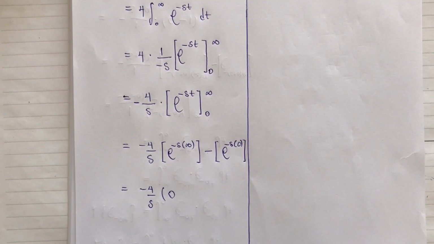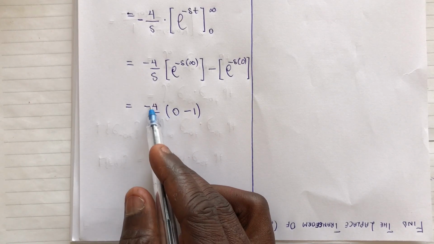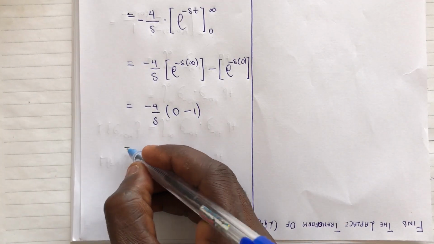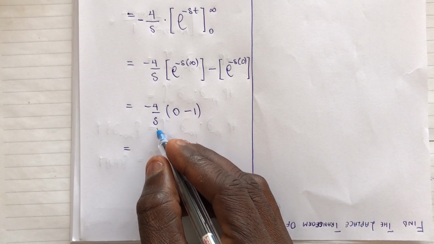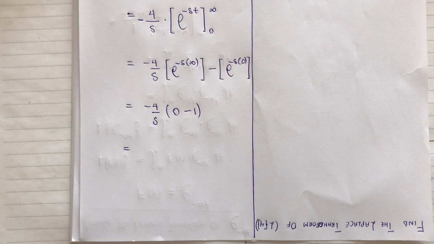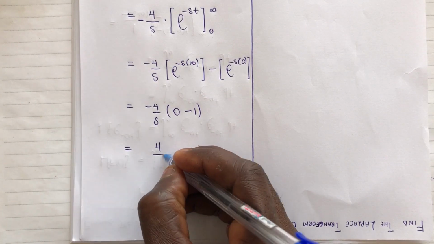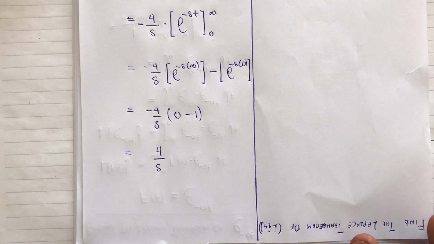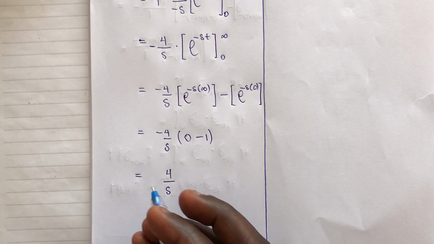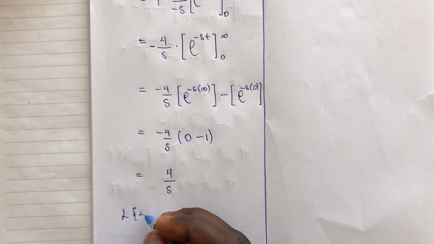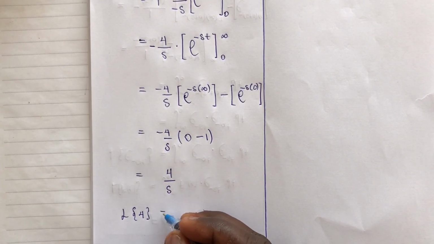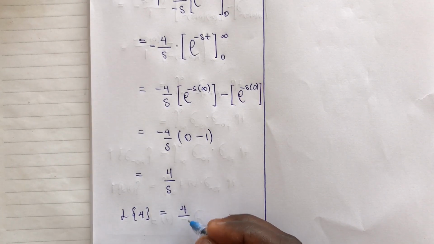The whole result here is 1, so minus 1. Now all you need to do is use this to multiply that. So we have negative 4 over s times 0, the result is 0. We don't need that, so this time this, the result is 4 over s. Alright, so all we are saying is that the Laplace transform of the value 4, the scalar 4, is giving us 4 over s.